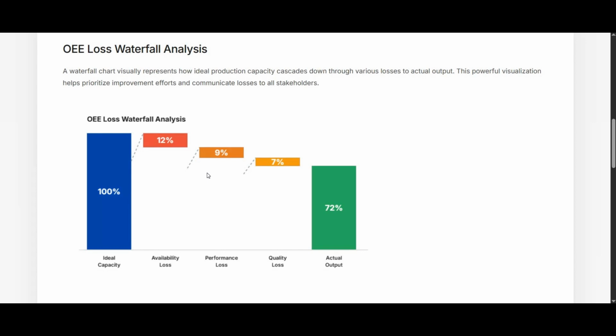What you are left with is 72% actual output, and this kind of chart is incredibly powerful because it visually communicates where your biggest gaps are and helps everyone, from operators to executives, align on which losses to prioritize first.